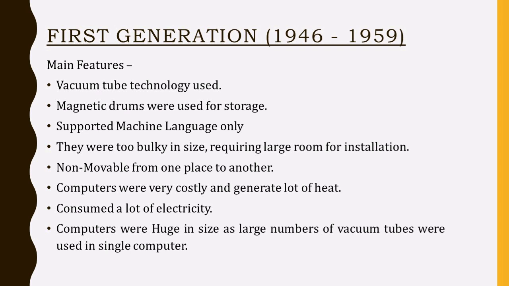Number 5. They are non-movable from one place to another as they are very huge. Number 6. These computers are very costly and generate a lot of heat. Number 7. They consumed a lot of electricity. And number 8. These are very huge in size as large numbers of vacuum tubes were used in a single computer.